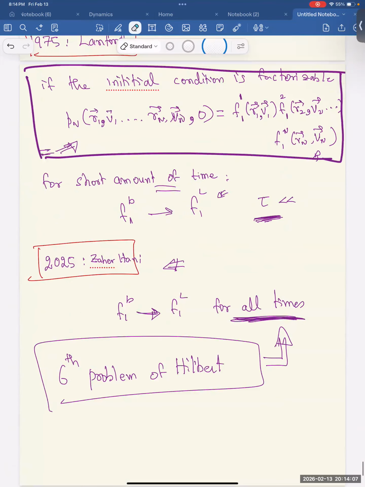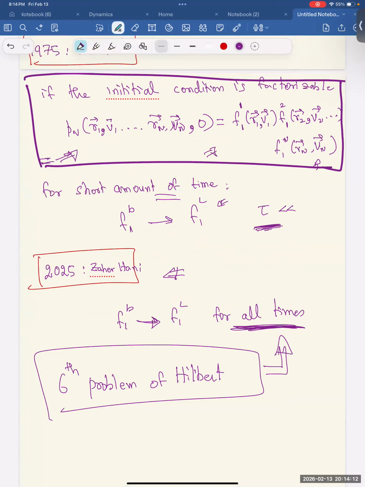One other point I want to make: if this is the initial condition, then almost always the one particle entropy is going to be increasing. Not always, because there may be some strange local effects.